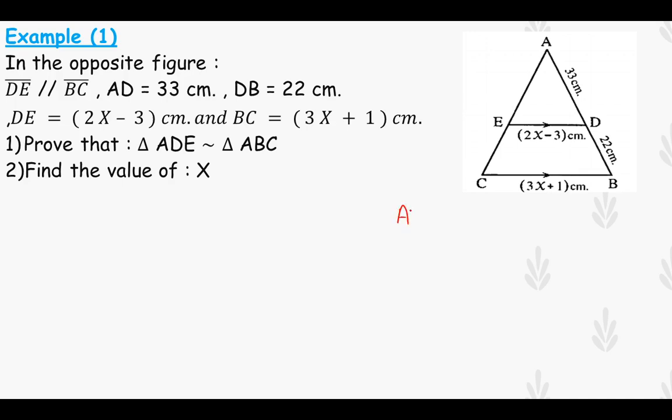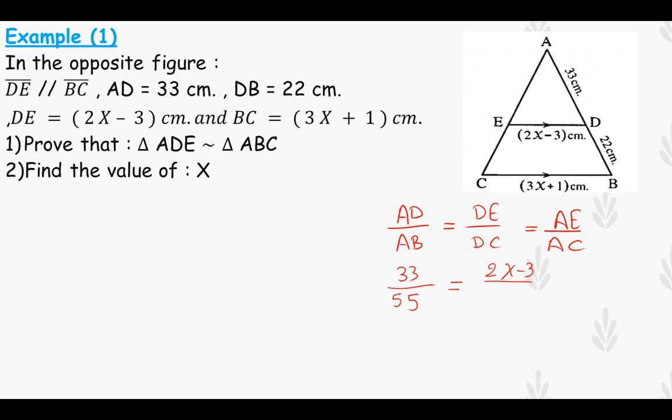The first two letters, AD over AB, equals DE over BC, and this equals AE over AC. Okay, let's write the length of each one. AD equals 33 and AB equals 33 plus 22, which equals 55, and this equals DE. We don't know the length of DE, so ED is unknown, 2x minus 3.